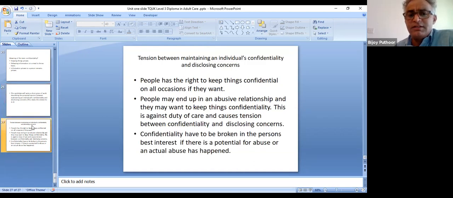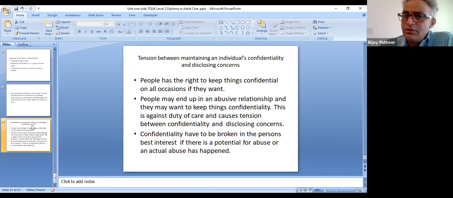We have a conflict sometimes when people want to keep things confidential. So if there is a service user or a resident, and the service user has been abused by a fellow staff member or a different service user, and the service user is getting abused as a result of it, that makes it quite difficult.